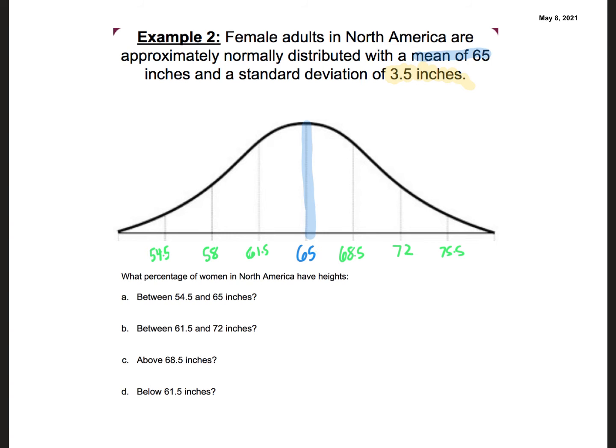Remember, between these two lines, you have 68% of your data. So we're going to have 68%. Again, if I cut that in half, that means there's 34 in each little segment.